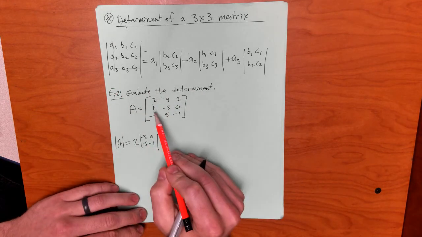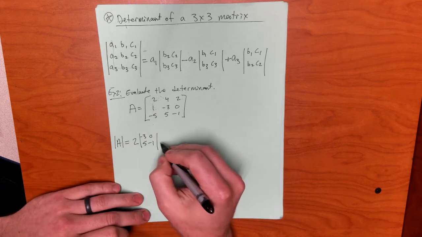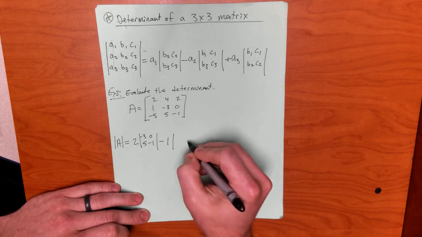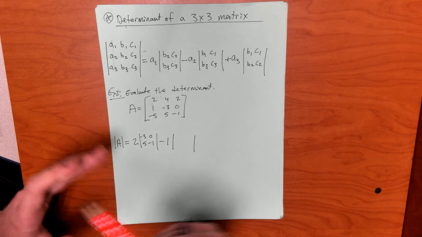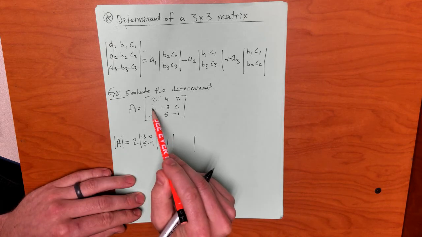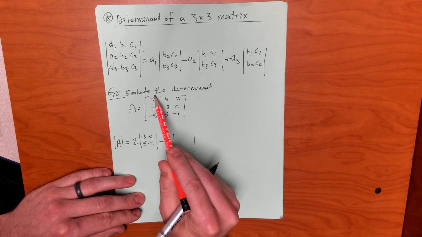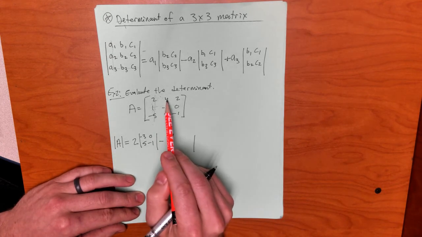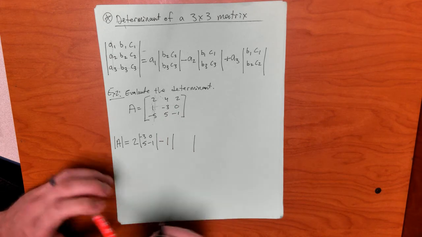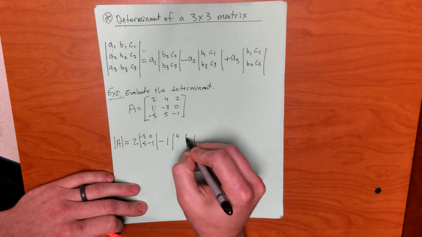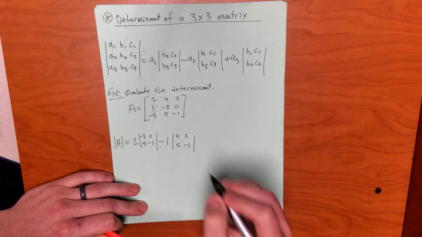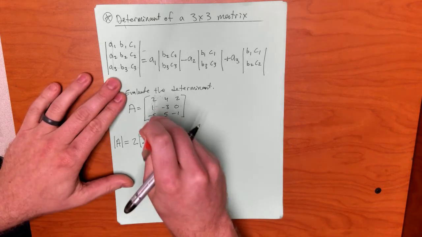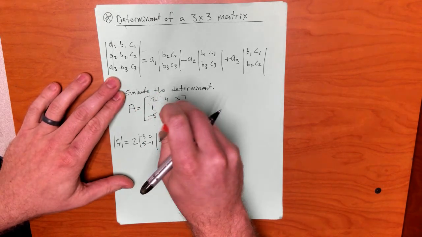Now I just move down the line. Now I'm at this 1. So minus 1 times this determinant. So I used this position, so I'll mark out that row and this column. So now I'm left with 4, 2, 5, and negative 1. All right, now let's erase those.